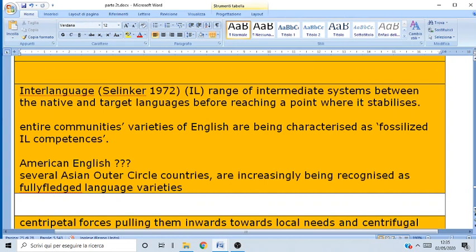And this raises two questions. Okay, so what about American English? Is that an interlanguage? Are these people still trying to learn British English? Plus, number two, several Asian outer circle countries are being recognized as fully fledged language varieties, meaning that they are varieties of English.